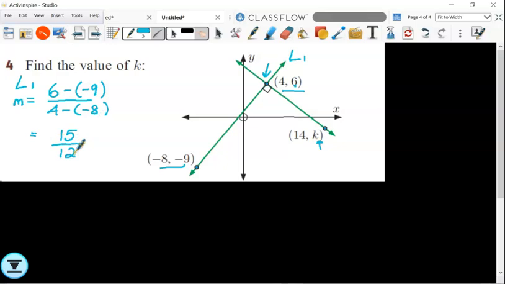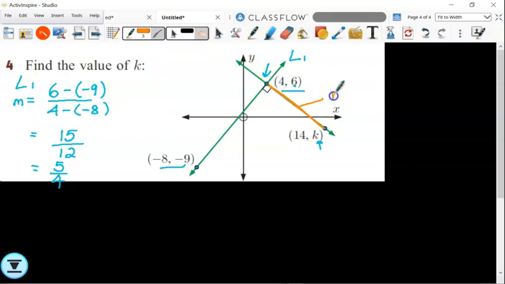I will never leave it like that, because you must always check, can I cancel my fractions? And clearly, 3 goes into both of those. 3 goes into 15 5 times, and it goes into 12 4 times. So we've got 5 over 4. Agreed? So what can you now tell me about then the slope of this line? What must that slope be?